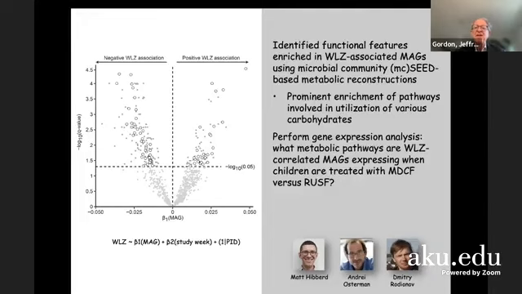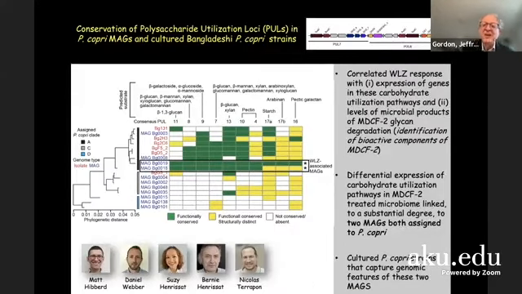And then we turned from DNA level analysis to gene expression analysis to determine which metabolic pathways in these positively correlated MAGs were induced or regulated by MDCF compared to RUSF. And the results were remarkable. This is a very complicated slide, and I want you to look to the right first, at the bullet points.